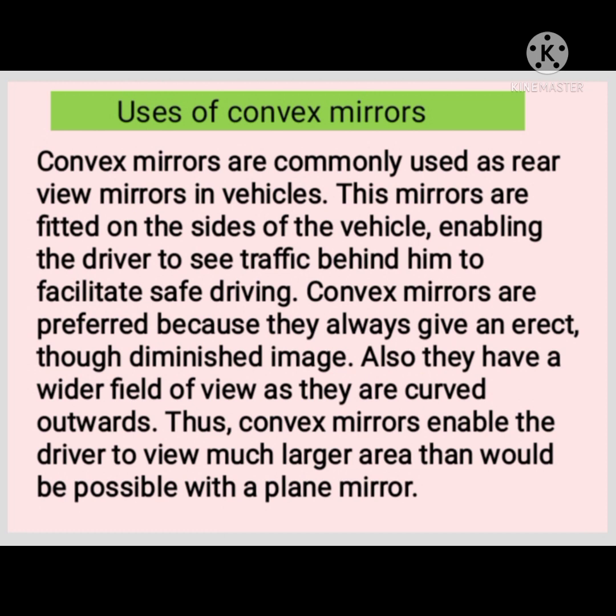Convex mirrors are preferred because they always give an erect though diminished image. Also, they have a wider field of view as they are curved outwards. Thus, convex mirrors enable the driver to view a much larger area than would be possible with a plane mirror. These are the uses of convex mirrors in our daily life.